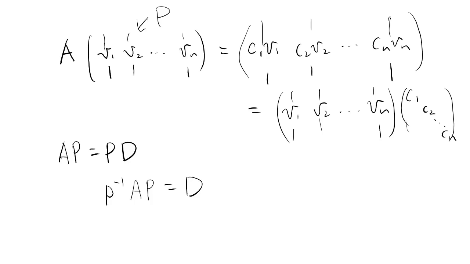Not only that, since V1 through Vn are orthogonal to each other, if we take V1 and divide it by its size, we take V2 divided by its size, and do that for all of these, we call this normalization, right?